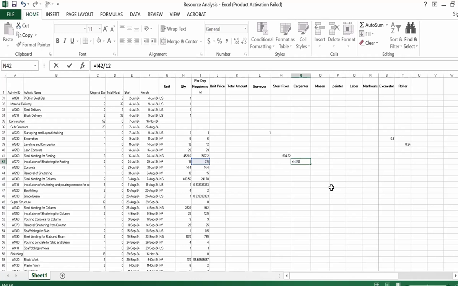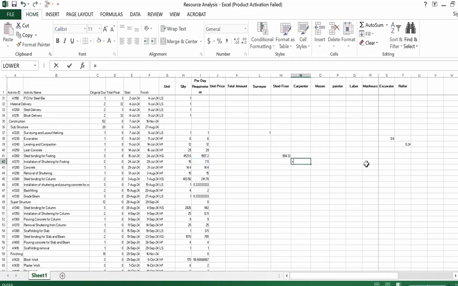So I am putting here 1.2 square meter per hour. Then I will multiply by 8 hours for a day. So the total requirement is 50 hours to complete this activity.